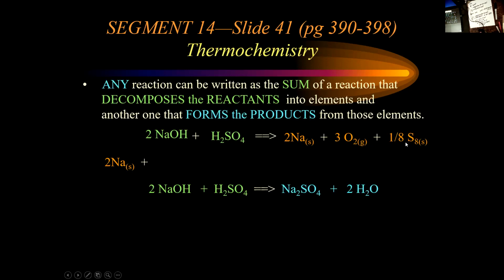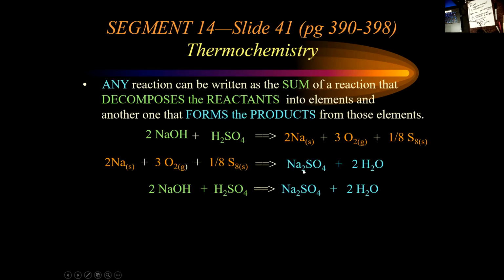Heats of formation would be taking this stuff on the right and going to these things I've got on the left. So that's the negative of the heats of formation of these two, because we switch the sign. Now I can put those same elements together and form the products.